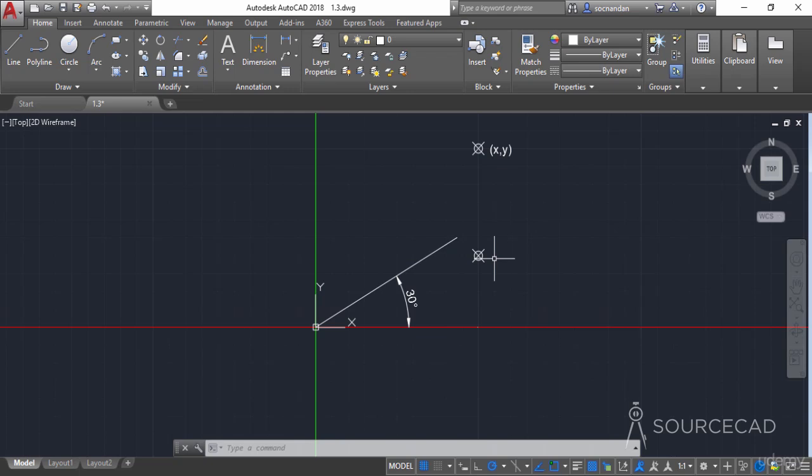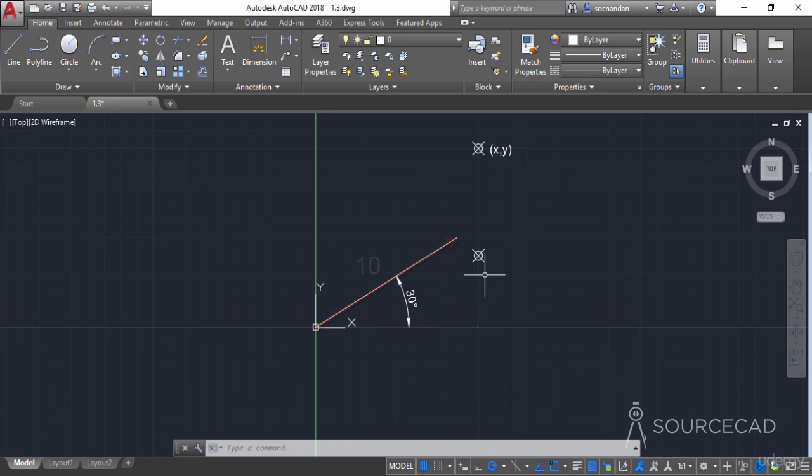Now if you want to use the polar coordinate system, then you can do that as well, and I've made a geometry here. This line starts from the origin and the length of this line is 10 units. This line is also inclined at an angle of 30 degrees.